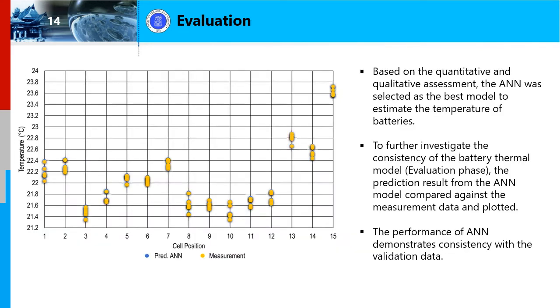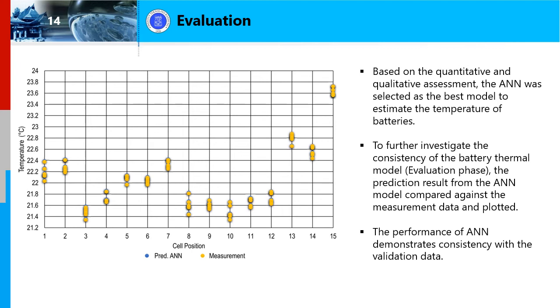In the evaluation, we try other data than the training data to show whether the artificial neural network provides a better model that fits the battery cell more than the other two methods.